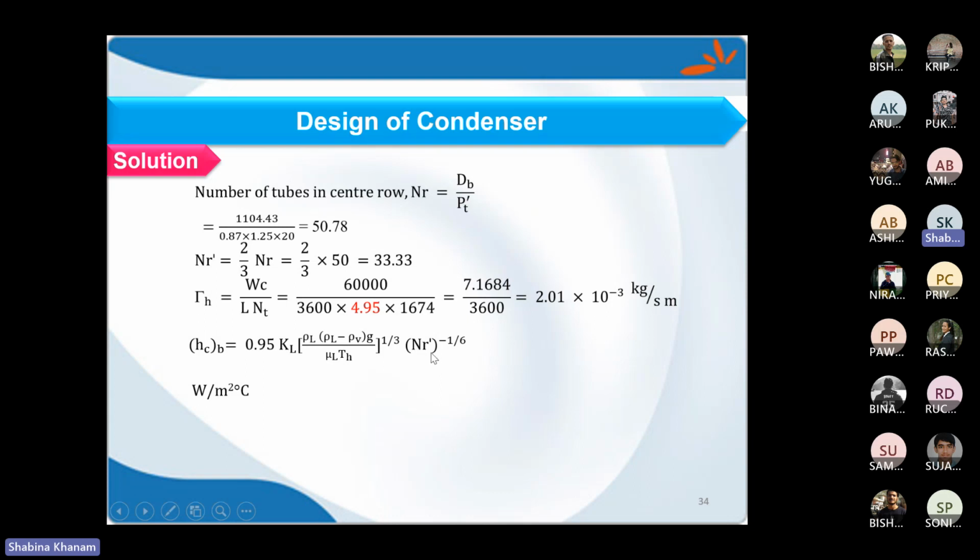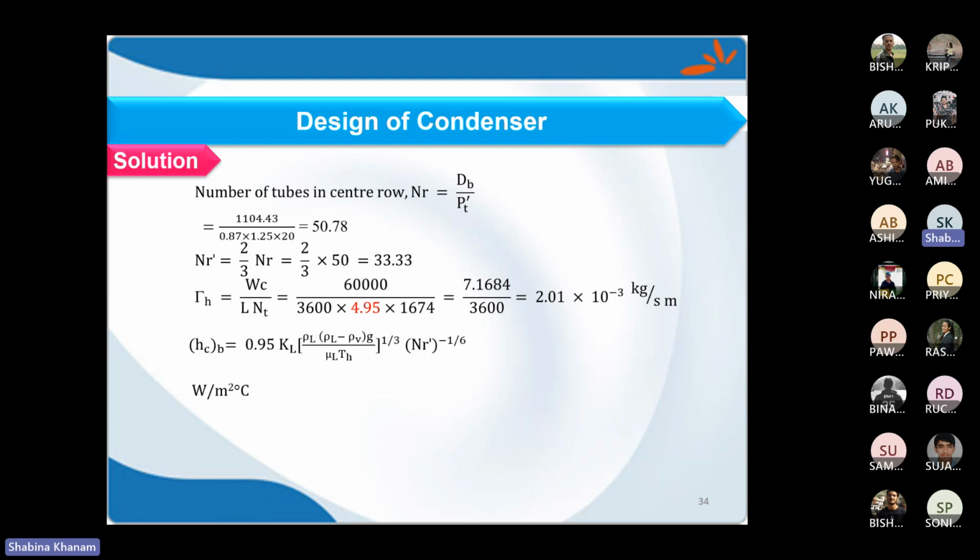For NR prime you need to calculate NR, and NR would be the number of tube rows at the center. This we have discussed in detail in the last class, so you can refer. So here I'm having dB by PT prime. dB you have already calculated considering 1/4 pass, so you need to consider that over here.